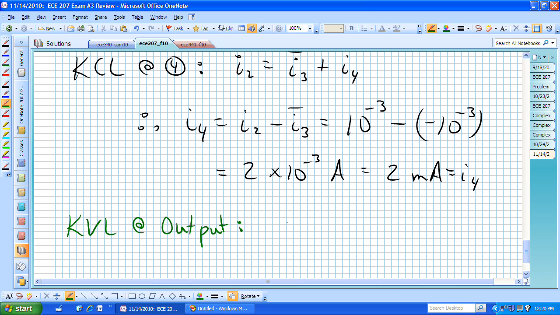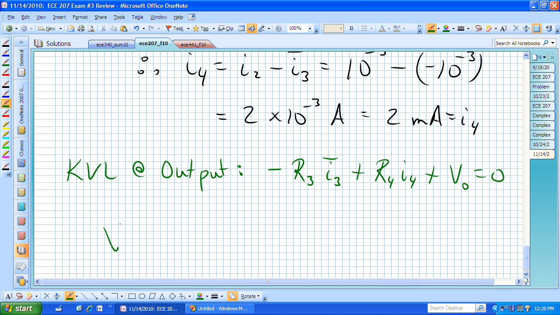KVL at the output now says that we have minus R sub 3 I sub 3 bar plus R sub 4 I sub 4 plus V0 is equal to 0. We now can solve for V naught. V naught is R sub 3 I sub 3 bar minus R sub 4 I sub 4.